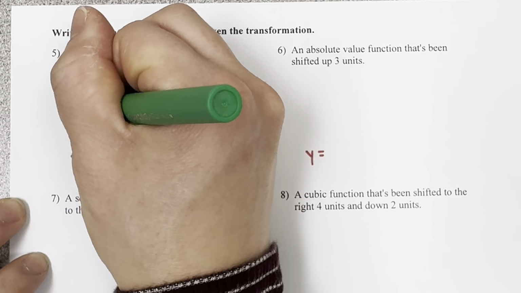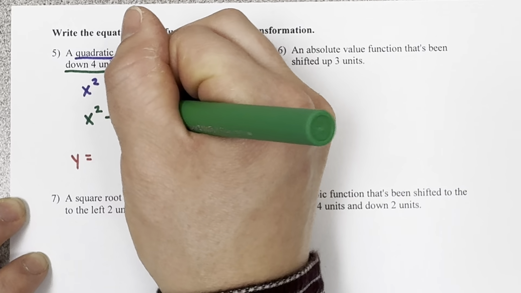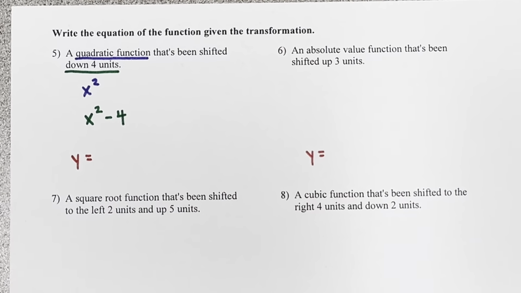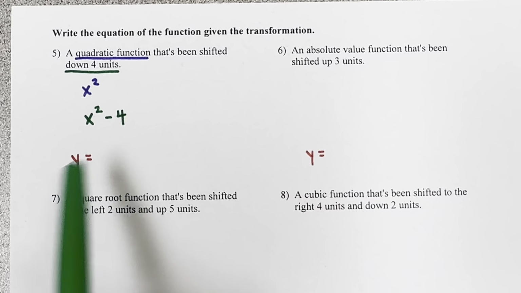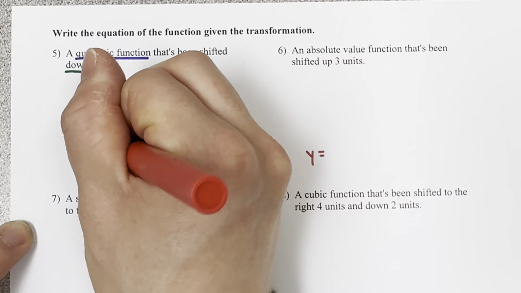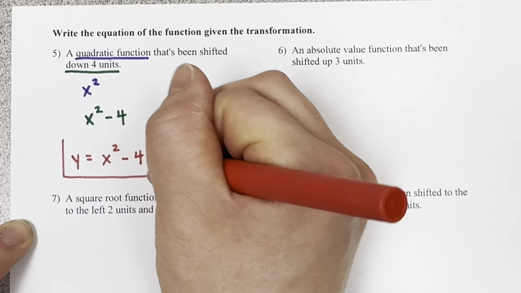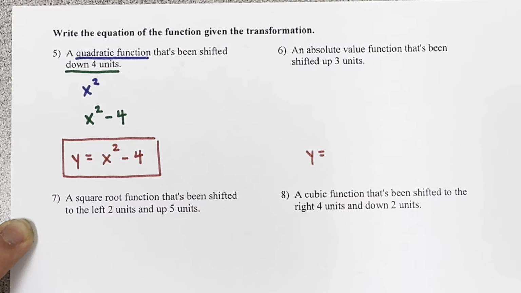So we're just going to take that x squared, and down 4 units simply means -4. So our final equation is x squared -4. And there's our final equation.